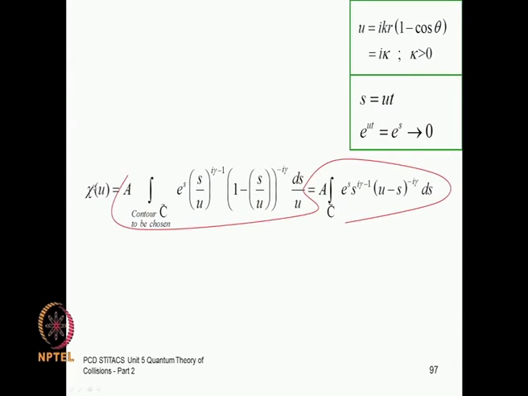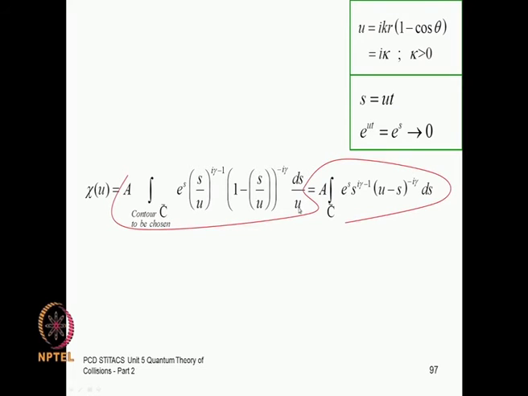So, this is our chi function written as an integral. This is nothing but the Laplace expression that we had, and it is now written as an integral over s. This is again simple manipulation. You have a 1 over u to the power minus 1, but then you have a 1 over u here.